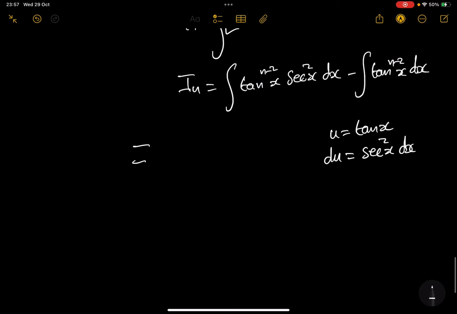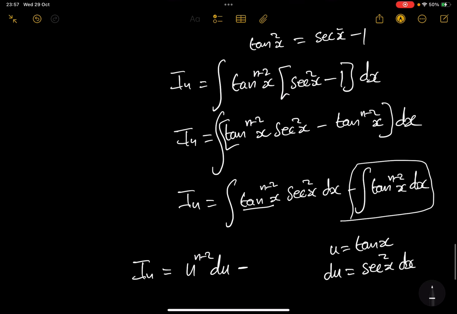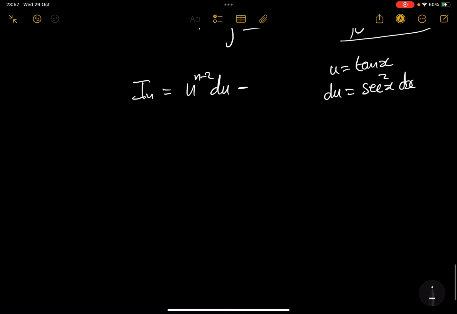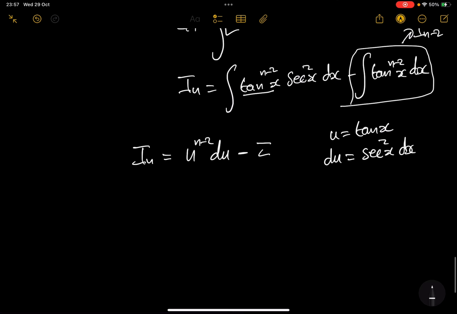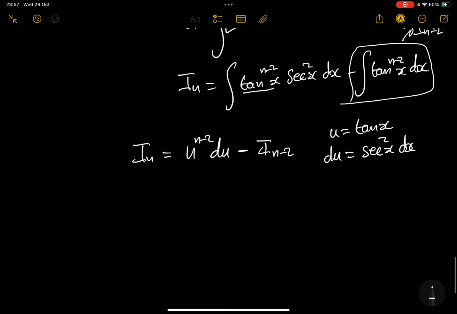So now I_n is equal to the integral of u^(n-2) du, from the derivation, minus the integral of tan^(n-2) x dx, which is the same thing as I_(n-2), right? So this is going to be I_(n-2).